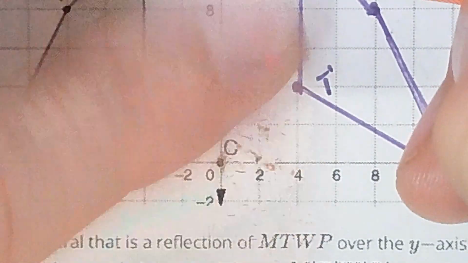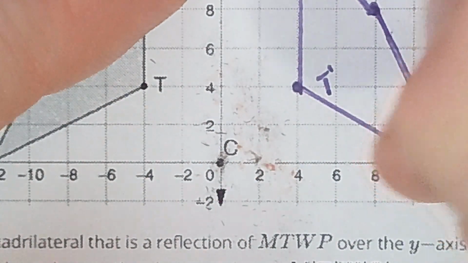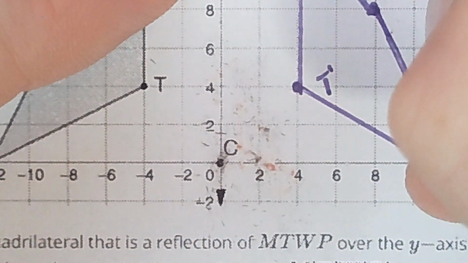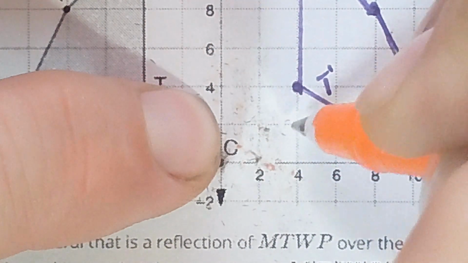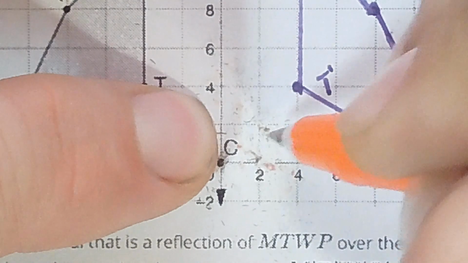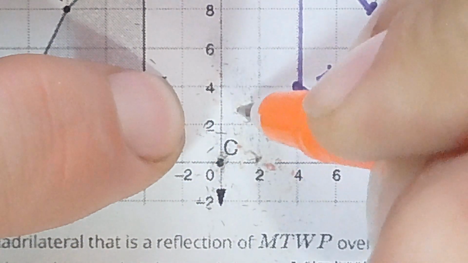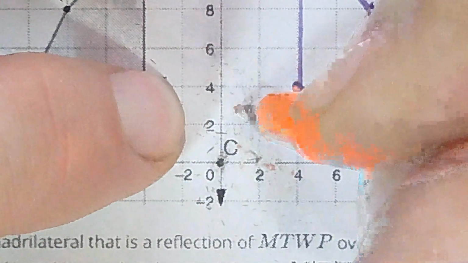Let's see if I can do that better without marking stuff. Okay. So let's just do, alright, 12. That's 12 times 1/4 is 3. So it's going to be over here. And then 1/4, that's going to be 1 and 3. Okay, that's just that dot.